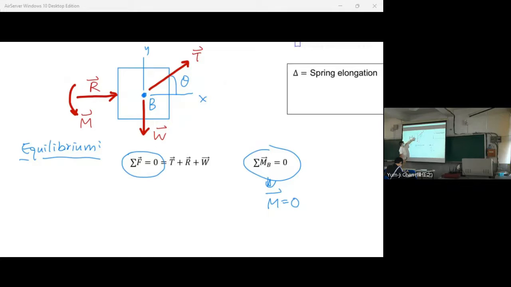Please write everything you can think of here. And then it is fine to show that it is equal to 0. But you need to show this in the free-body diagram.